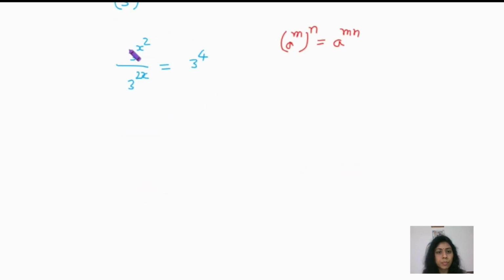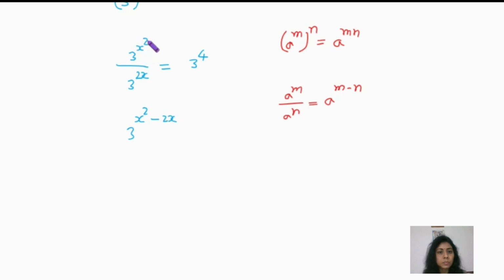Now we can apply the quotient rule. If a to the power m upon a to the power n, we can write a to the power m minus n. So 3 to the power x squared minus 2x.